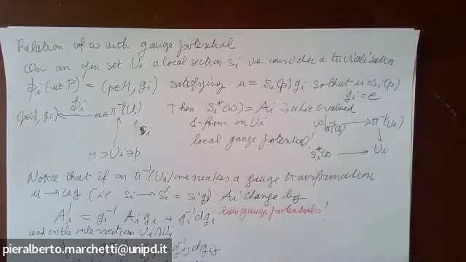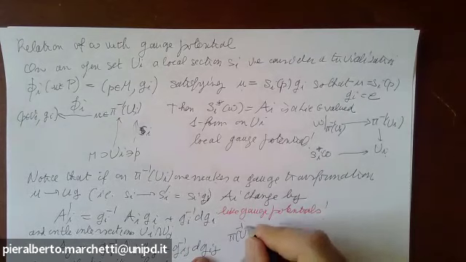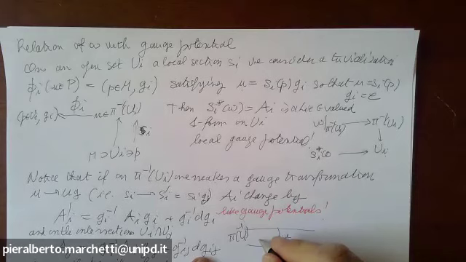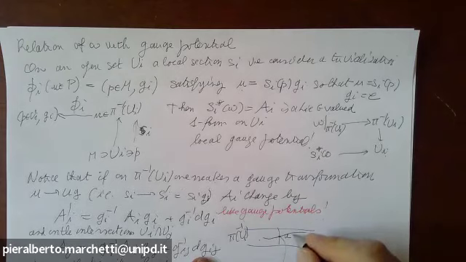Let me just make again a picture. Suppose you have your UI, which is a subset of M. Then you map into the inverse image by the projection of UI. Then you take a point p. You have a section, which sends it to a point u here. And if you have a curve here, you will have a curve here. And every point will be sent to some other point.